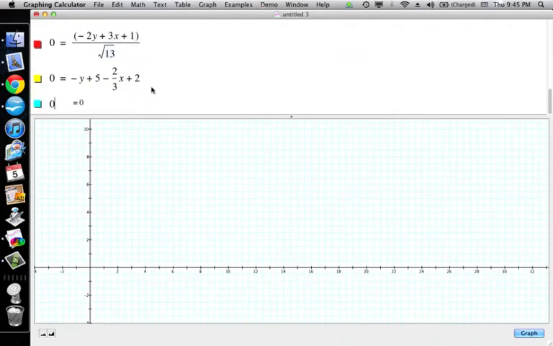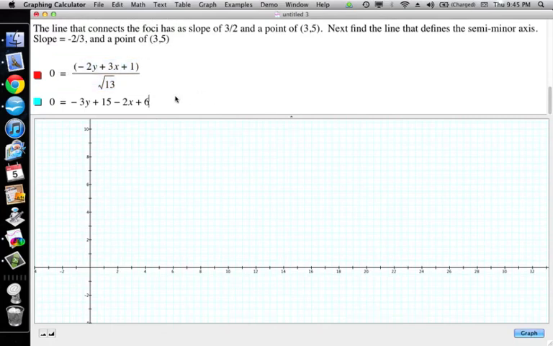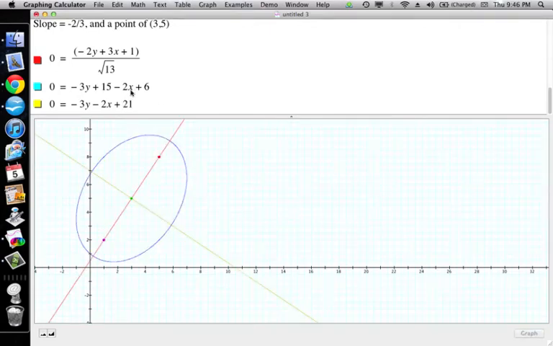So 0 equals negative 3y plus 15 minus 2x plus 6. Still good. Then 0 equals negative 3y minus 2x plus 21. Still good.